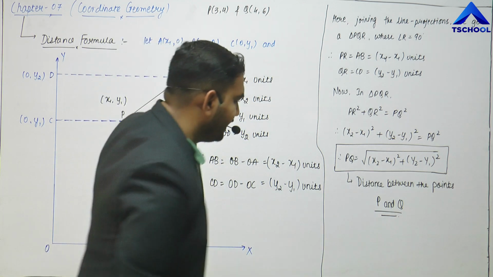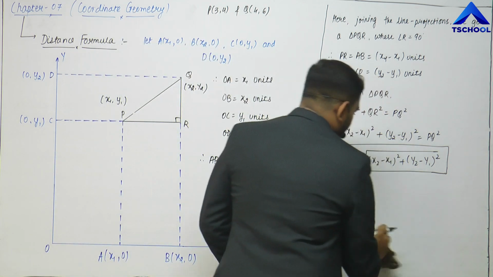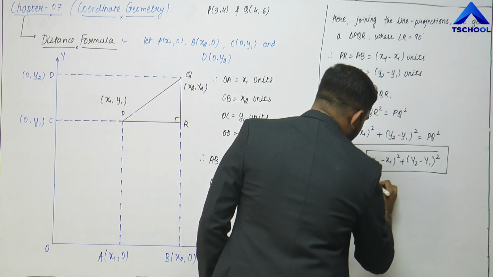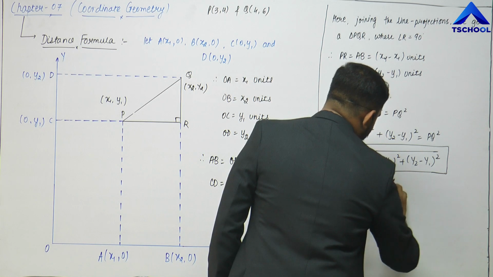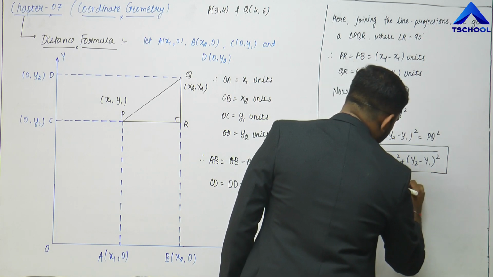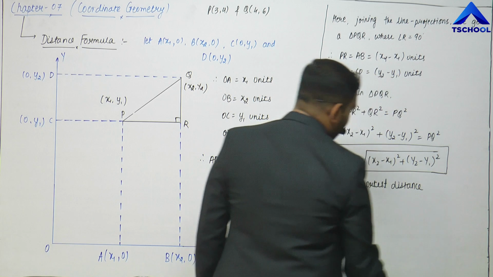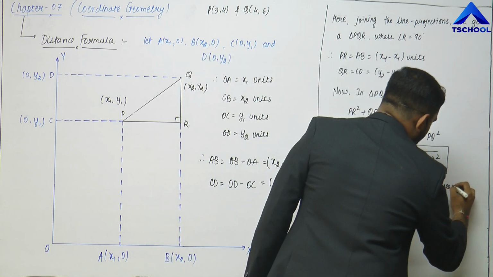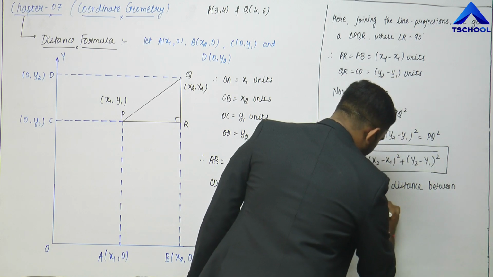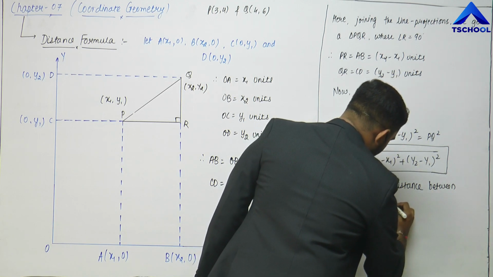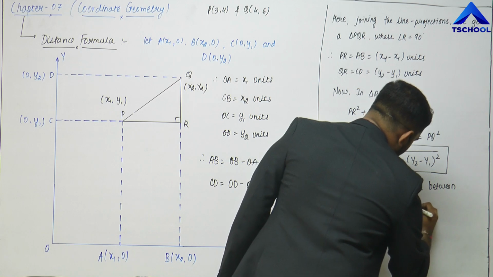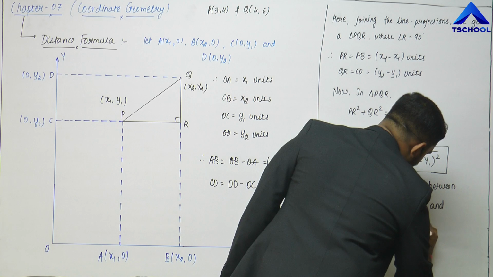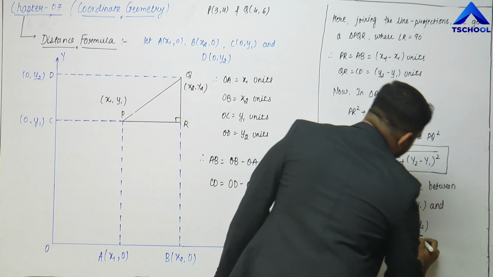Now let me correct this, friends: this PQ we found out is the shortest distance, right? This is the shortest distance between the points having coordinates P(x1, y1) and Q(x2, y2), right?